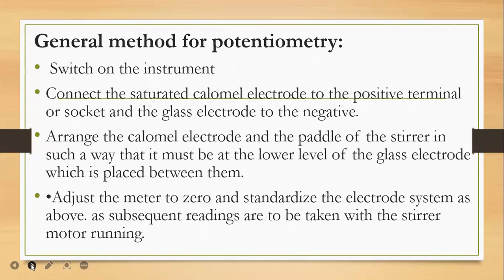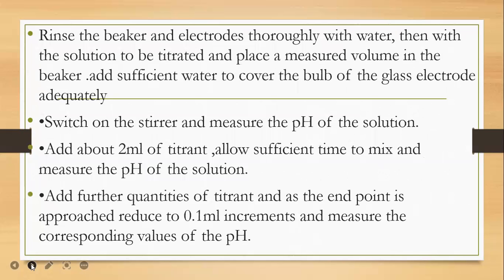Adjust the meter to zero and standardize the electrode system as above, as subsequent readings are to be taken with the stirrer motor running. Next, rinse the beaker and electrodes thoroughly with water, then with the solution to be titrated, and place a measured volume in the beaker and add sufficient water to cover the bulb of the glass electrode adequately. Switch on the stirrer and measure the pH of the solution.